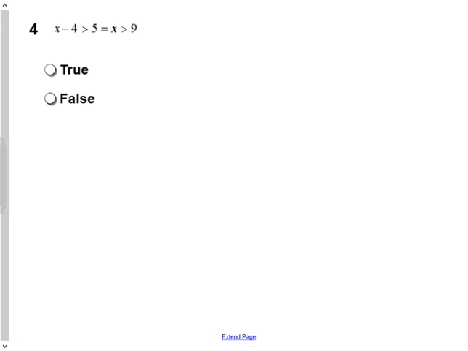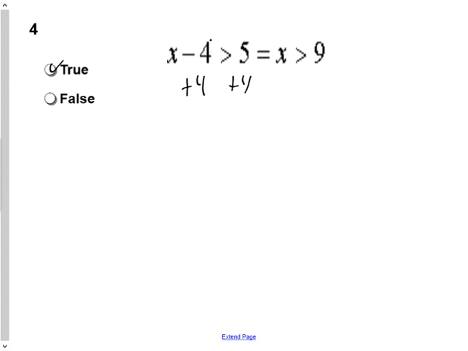The next question says the value of x minus 4 is greater than 5 is the same thing as saying the value of x is greater than 9. The answer is true, because if I simplify by adding 4 to both sides, I would get all values greater than 9, which is what this says here.